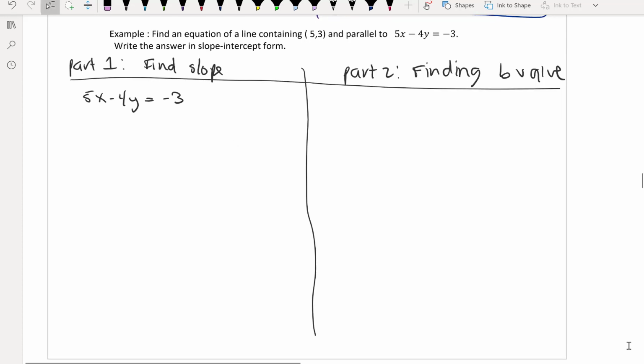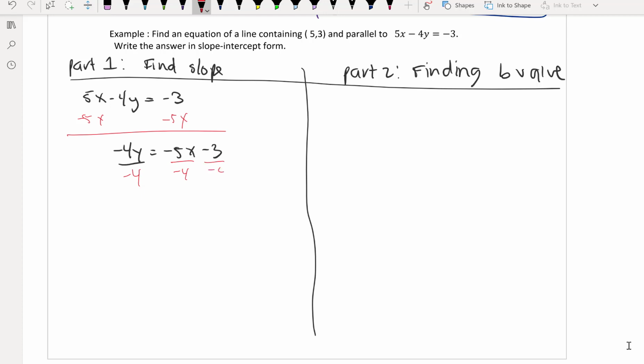I need to get y by itself so I can figure out what my slope is going to be. So I have to subtract 5x from both sides. Now I have negative 4y is equal to negative 5x minus 3. Now, divide by negative 4 on each individual part. So y is equal to, a negative divided by a negative is a positive, positive 5/4 x and a positive 3/4.